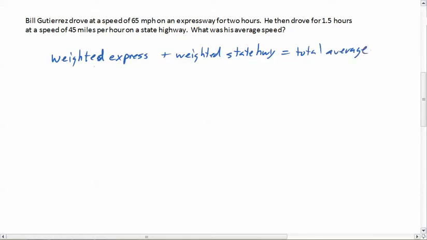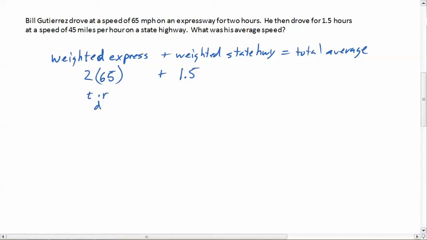Okay, so he was going 65 miles an hour on the expressway, and the rate of that is 2 hours. Now, you may recognize this. Time times rate equals distance. So this is actually giving you the distance that he traveled. And then plus, again, the weight on the state highway, well, it was only 1.5 hours.